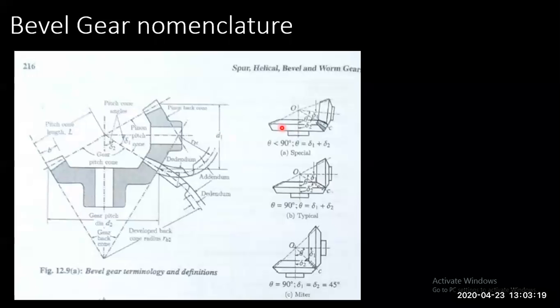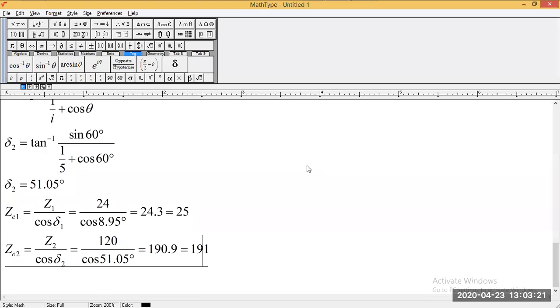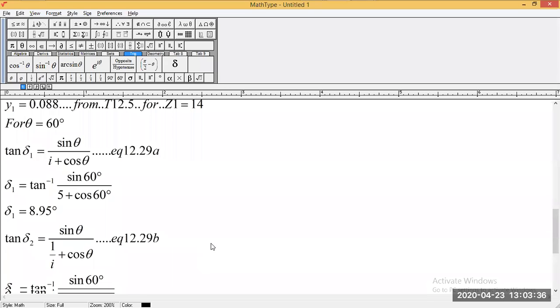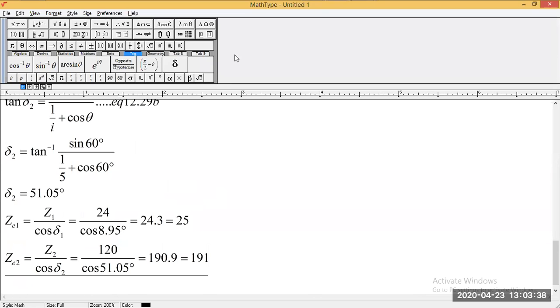So step one we are done. Step two we'll start off with in the next class, in tomorrow's class. Step one was a little bit lengthy, but we found various other parameters also. So that's it for today's class.